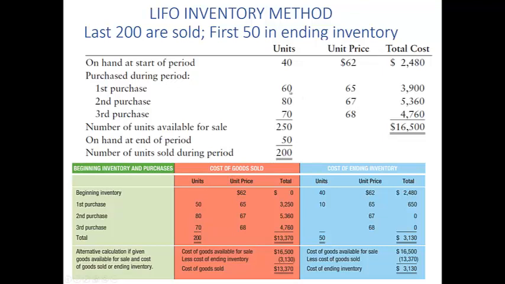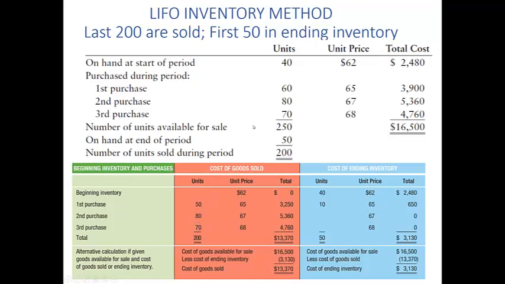taking the last 200 units and assigning cost to those. So I would take all 70 of the last purchase because I know I'm selling my newest ones first. The next, I'd pick up the 80 from the second purchase and cost those out. So at this point, 80 and 70 is 150.